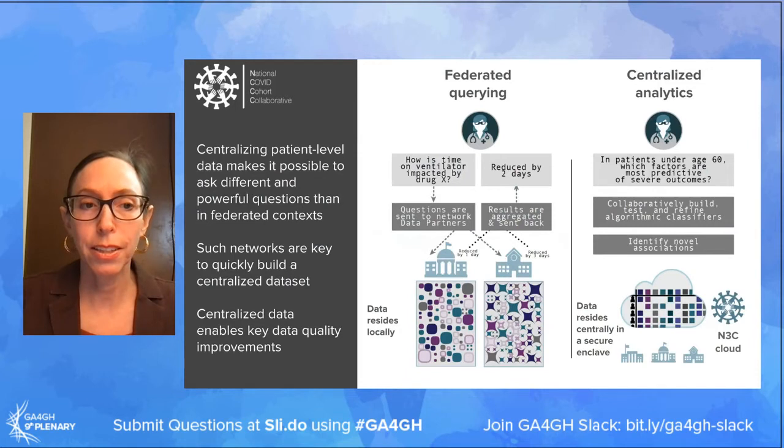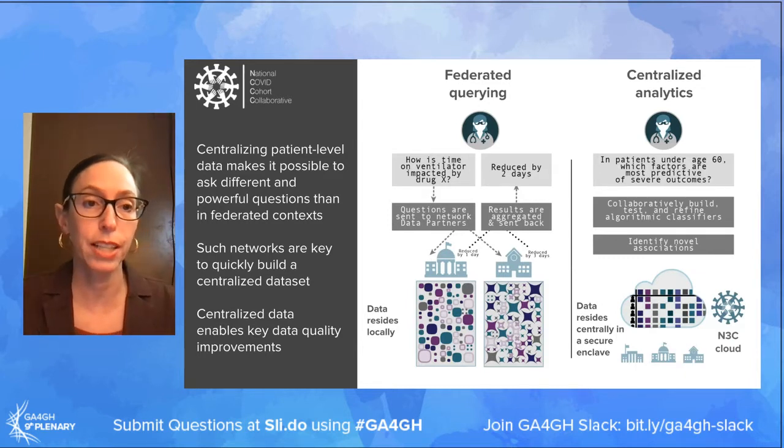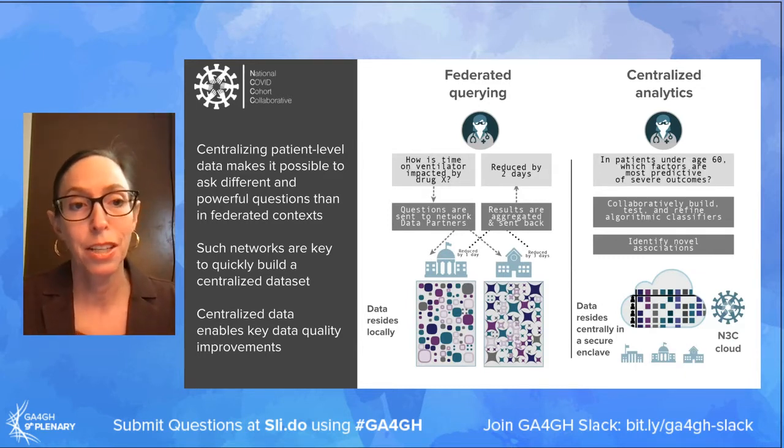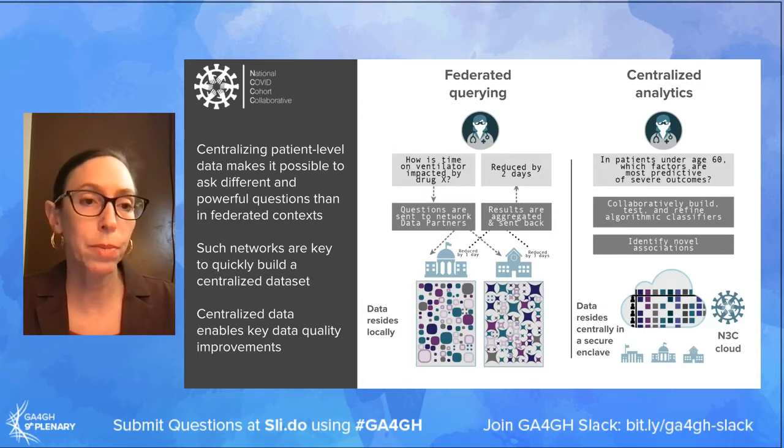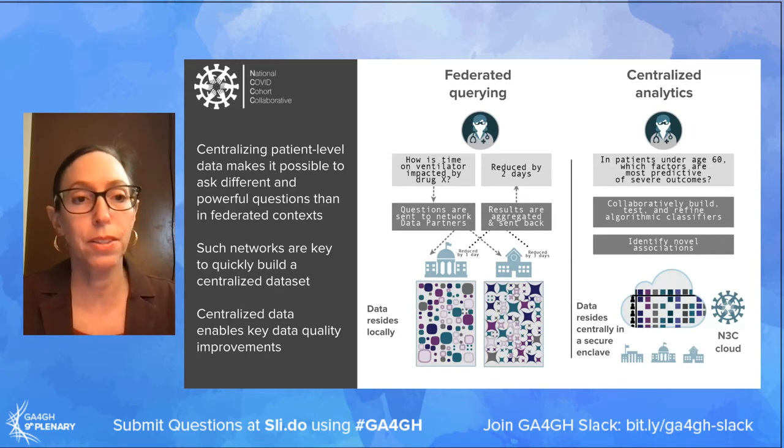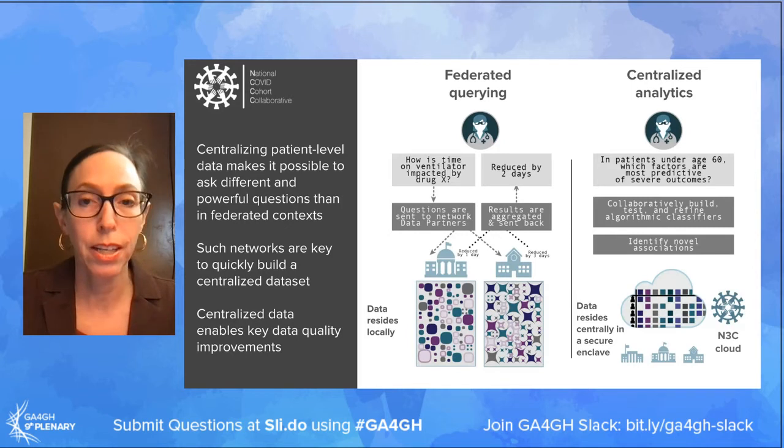So, in the spirit of GA4GH, I wanted to talk about some of the advantages that we have learned in the creation of centralized analytics for N3C. We talk a lot in GA4GH about distributed analytics, many wonderful projects like Beacon or Matchmaker Exchange, thinking about how we query everyone's resources where they are.